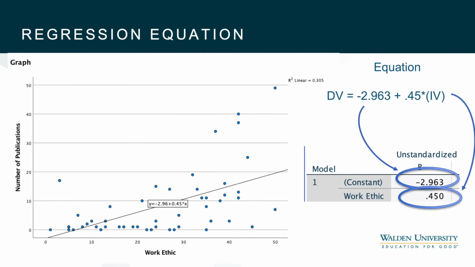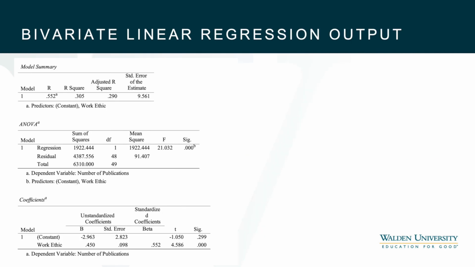I want to take you back just for a moment to that output table of the bivariate linear regression, that summary slide. And what we saw here were the values that are important to report, but I want to talk about social change now. There are two values that I want you to look at when you interpret who wants to know about these two variables in that relationship and who benefits from knowing.